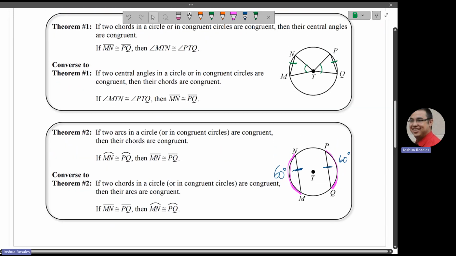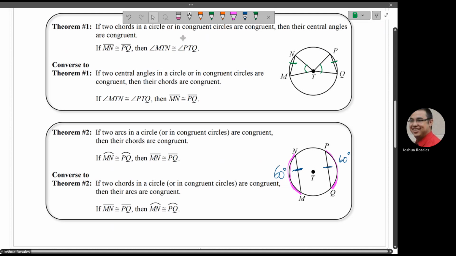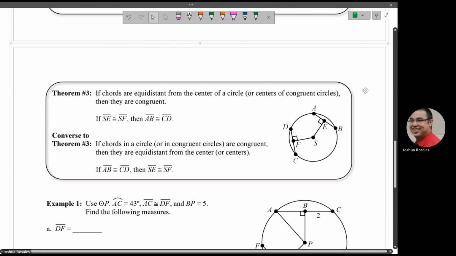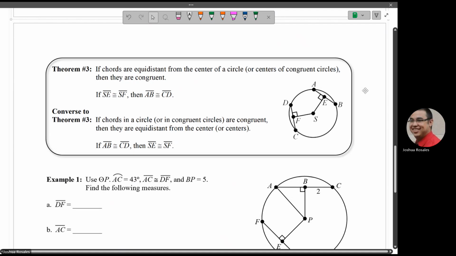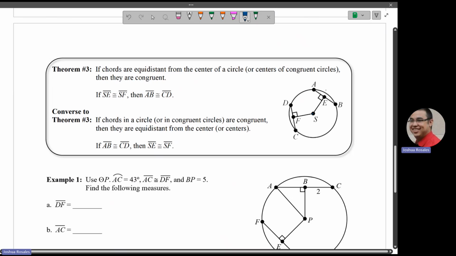We're going to start the examples. Today's going to be very simple and basic. Okay, if you have a segment that comes from the center but doesn't go all the way across, it's not a radius.